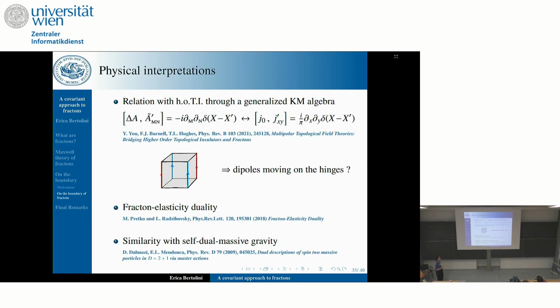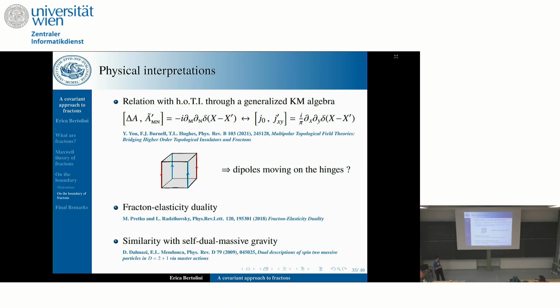What about physical interpretation? And also what I mentioned at the beginning, the relation with higher order topological insulators. Well, it seems that we have some connection through the algebra indeed. This looks exactly like the one that was identified in this paper, relating higher order topological insulators with fracton models. And what are these higher order topological insulators? They have edge states that move on the hinges, so they are one-dimensional.